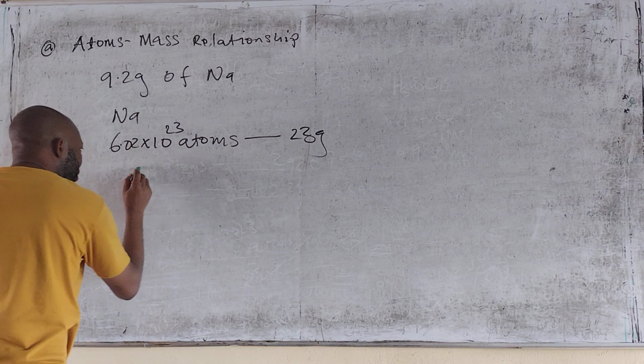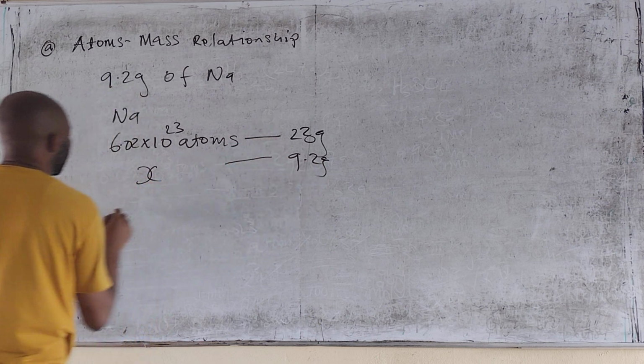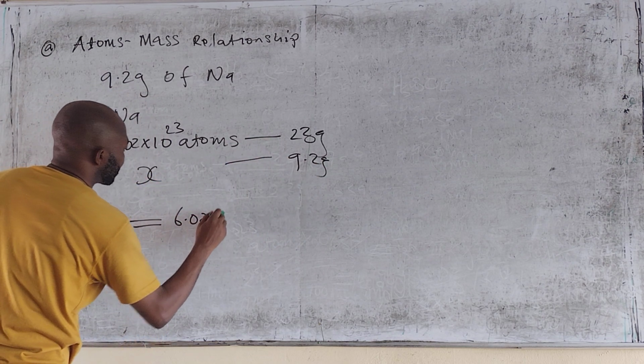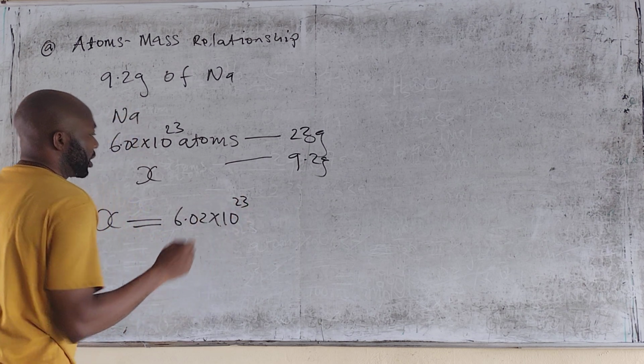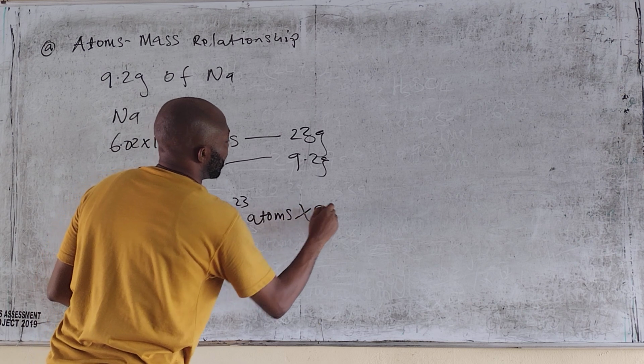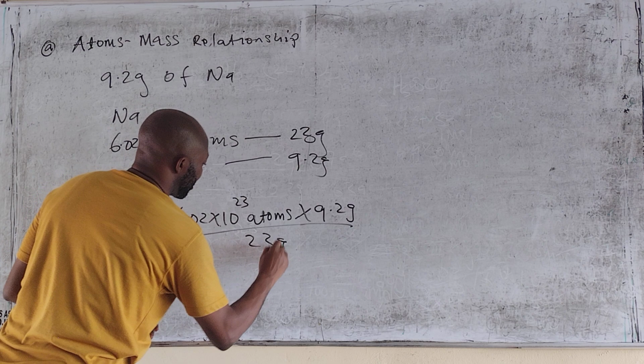Now, how many atoms will give me 9.2 grams? So my x is 6.02 times 10 raised to the power 23 atoms times 9.2 grams all over 23 grams.